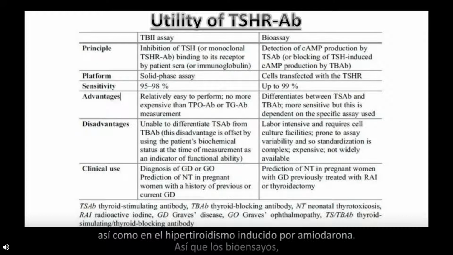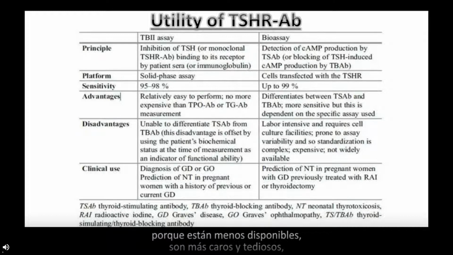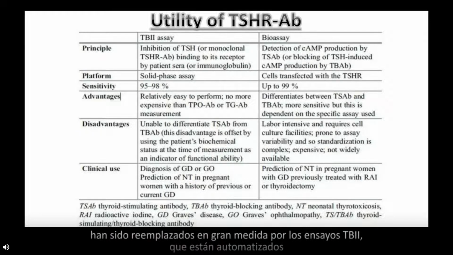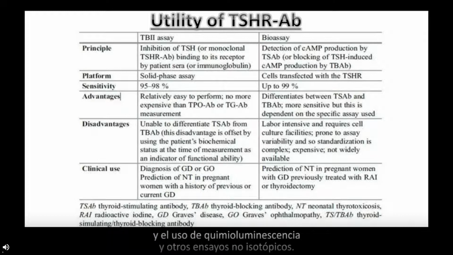So the bioassays, because they are less available, more expensive, and more tedious, have largely been replaced by the TBII assays, which are automated and use chemiluminescence and other non-isotopic assays.